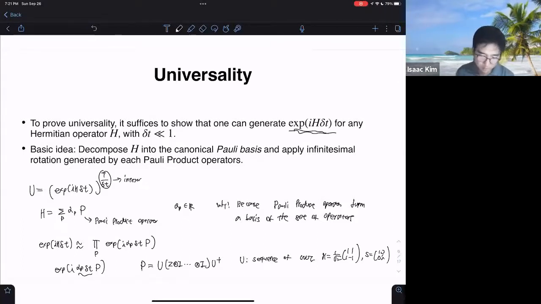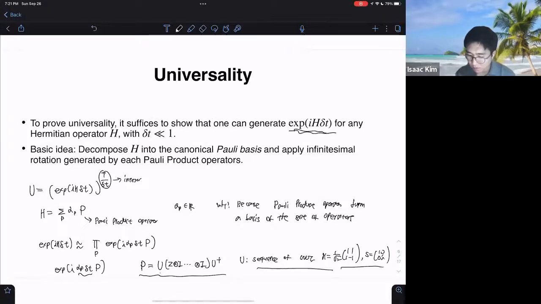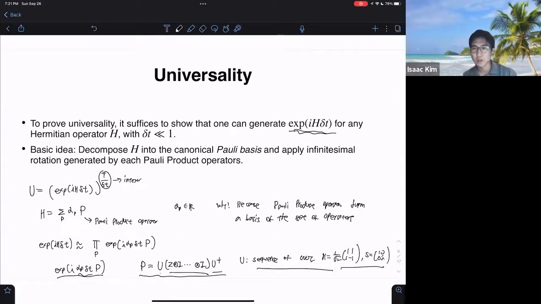So the point is, this P can be broken down into a unitary, which is a sequence of two qubit and single qubit operators. And this is also a single qubit operator. This is again a sequence of two qubit and single qubit operators. So this thing can again be written as a sequence of single and two qubit operators. Therefore, any quantum computation can be broken down into a sequence of single and two qubit operators. So in that sense, single and two qubit unitary operators are universal.